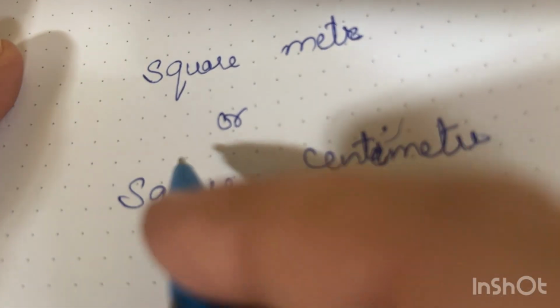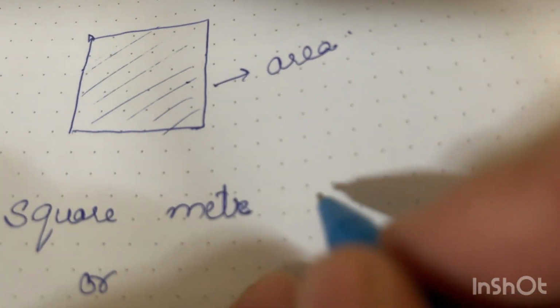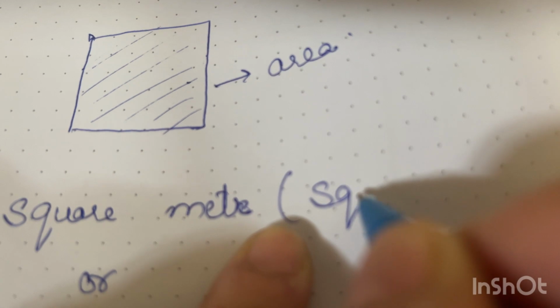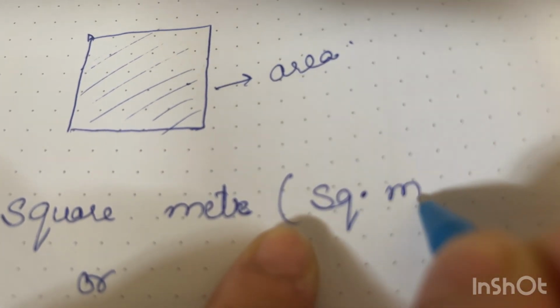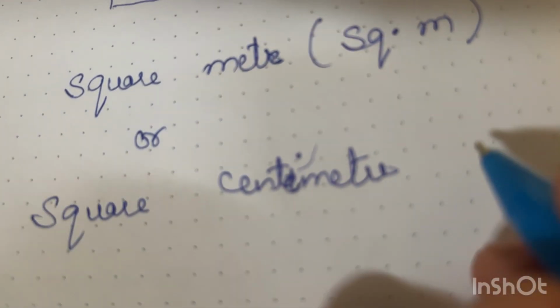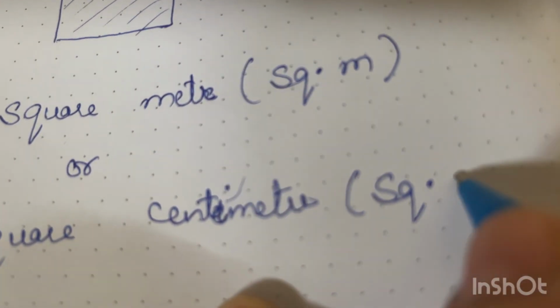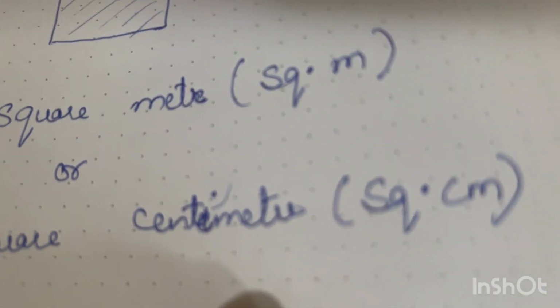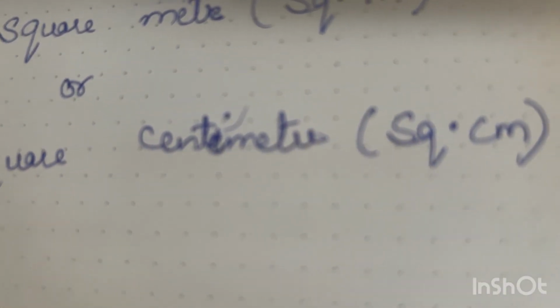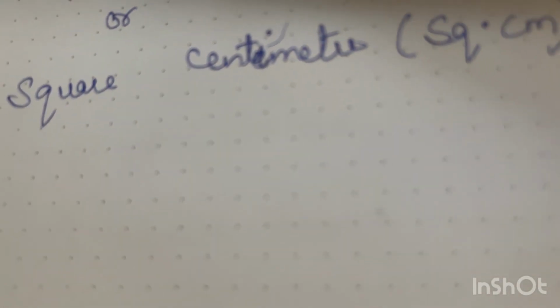In short form, we write square meter as sq. m and square centimeter as sq. cm. Now let's take a shape and find out its area with the help of squares.